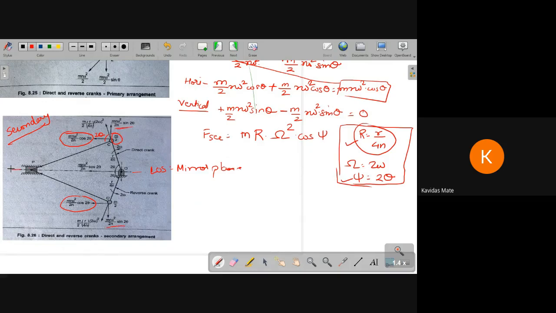So automatically it represents the actual engine, that is m r omega square upon n into cos of 2 theta, which is nothing but the secondary force. We have already seen this when we looked at balancing of a reciprocating engine for a single cylinder. This is the concept we are going to use for solving the numericals.